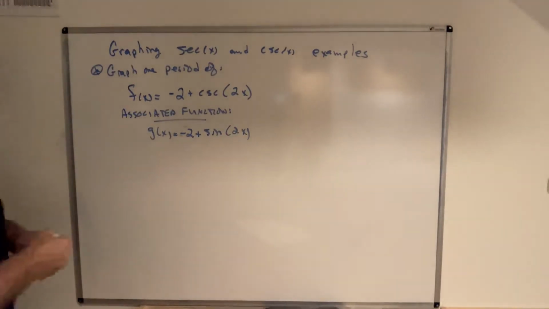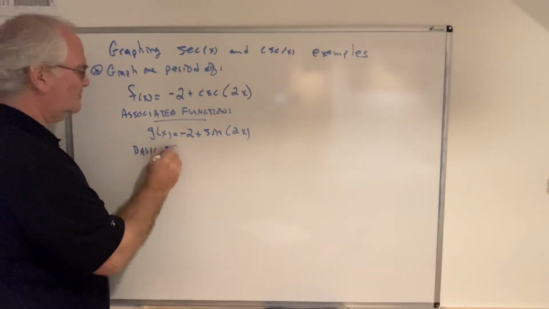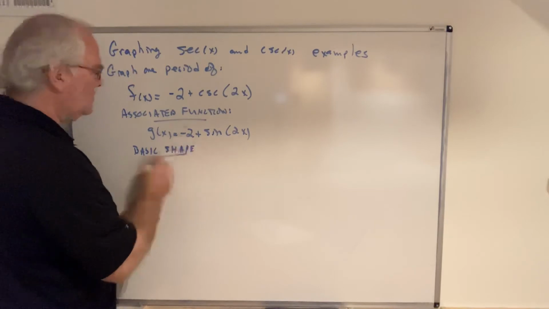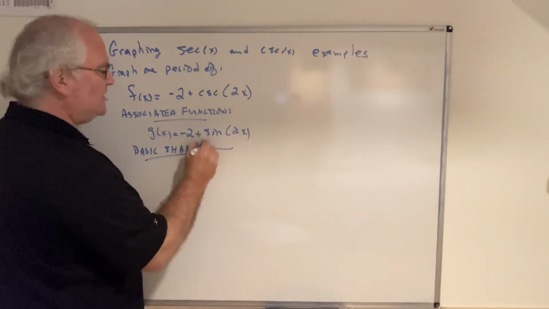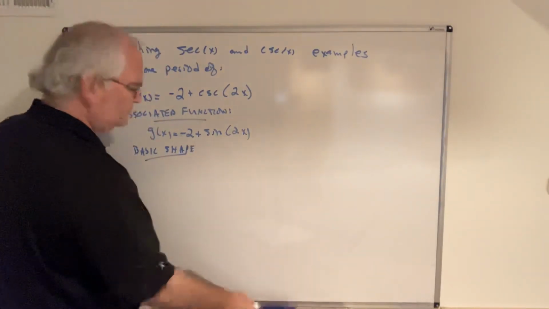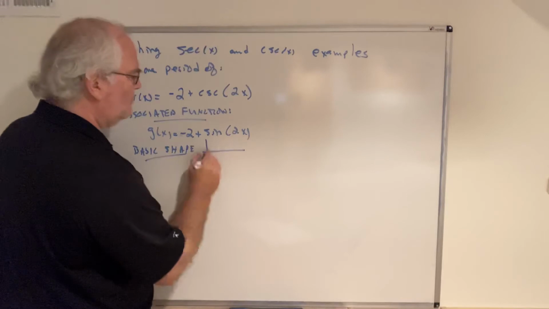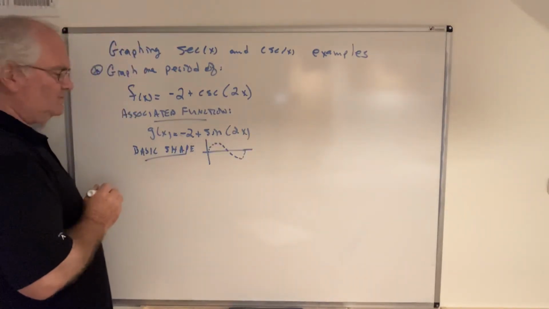So now we go through our same four-step process. We have the basic shape. Basic shape is positive sine. And again, I'm going to emphasize dotted, sorry, my sign's backwards here. Right, dotted line.